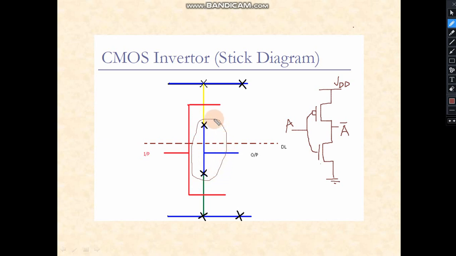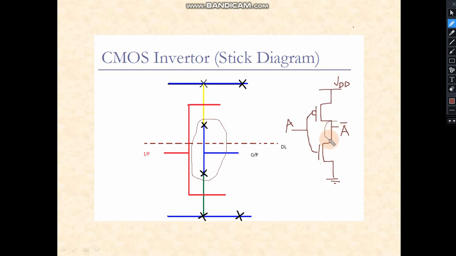Now this portion, what is the use of this portion? As we know, one rule says that the diffusion, P-type or N-type, meaning the yellow color or green color, cannot cross the demarcation line. So we have to connect these two points, meaning the source of PMOS is connected to VDD, the source of NMOS is connected to ground, but how to connect the drains of PMOS and NMOS? For this we have to use a metal line.